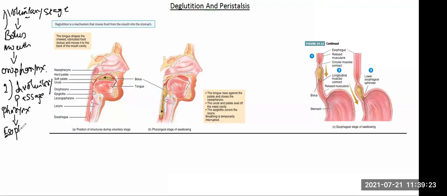And remember, you have an upper esophageal sphincter that regulates the movement of food from your pharynx to your esophagus.